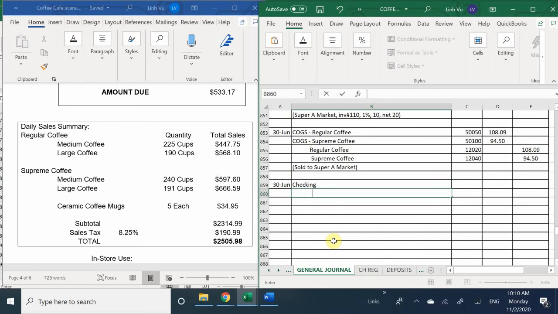All right. So what's the next thing that we're going to recognize? We recognize that we have sales, right? So is sales debit or credit? It's a debit. Why? No, a credit. It's a credit, okay? Yes.